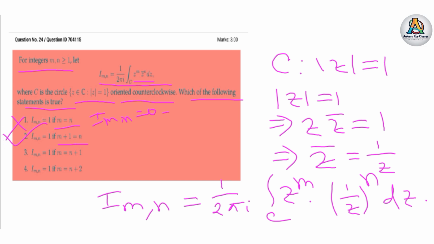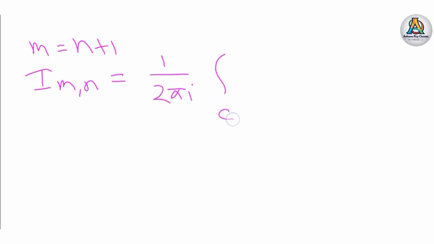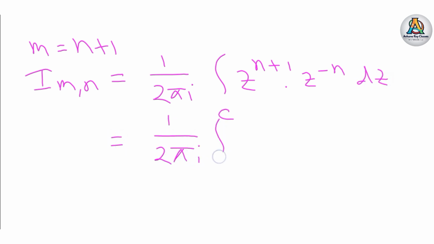Now, we check options 3 and 4. In option 3, m is equal to n plus 1. If m is equal to n plus 1, then I_mn is equal to 1 by 2 pi i into integration over C z to the power n plus 1 into z to the power minus n dz. This is equal to 1 by 2 pi i integration over C z dz.